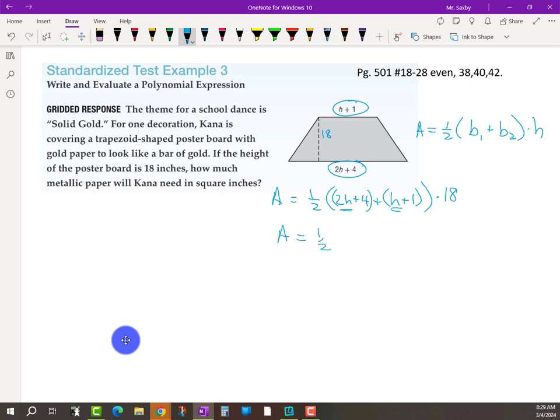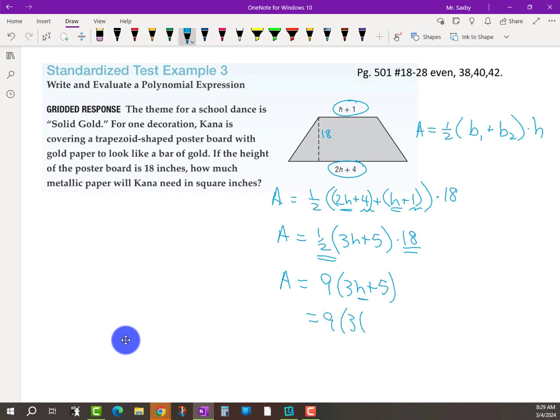So 2h plus h is 3h, and 4 plus 1 is 5. The 1/2 times the 18 is 9. But we keep doing h here, but we know h. h is 18, so we can plug that in.